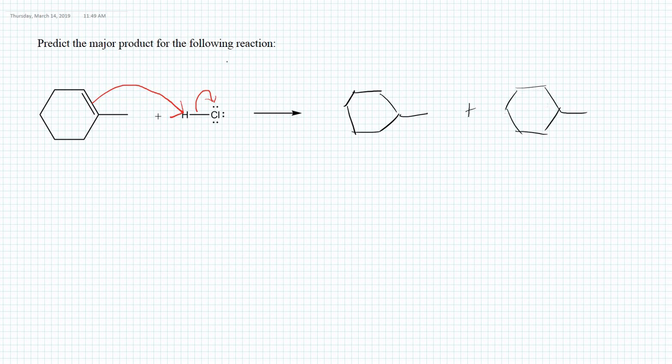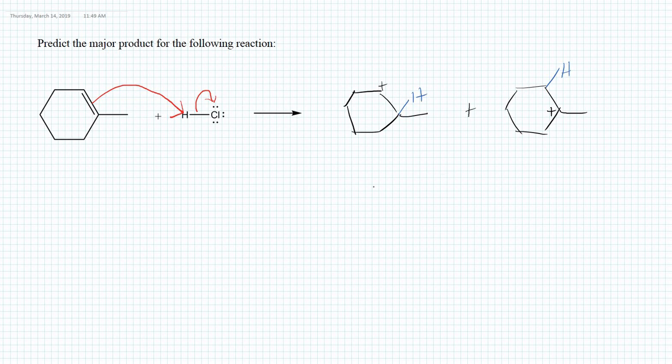Let's use a different color for hydrogen. Hydrogen will be added to this side, or hydrogen will be added to this side of the double bond, and then we will have a carbocation on this carbon or a carbocation on this carbon.